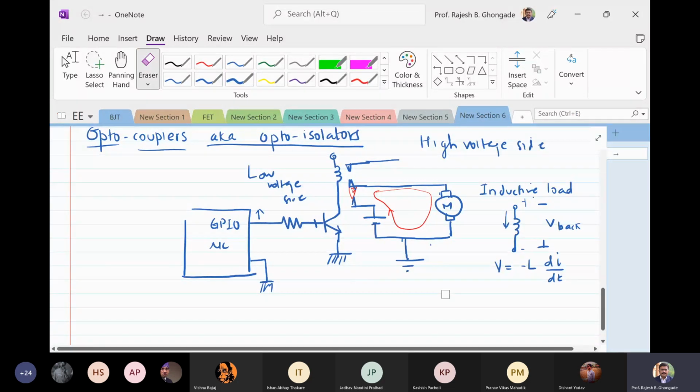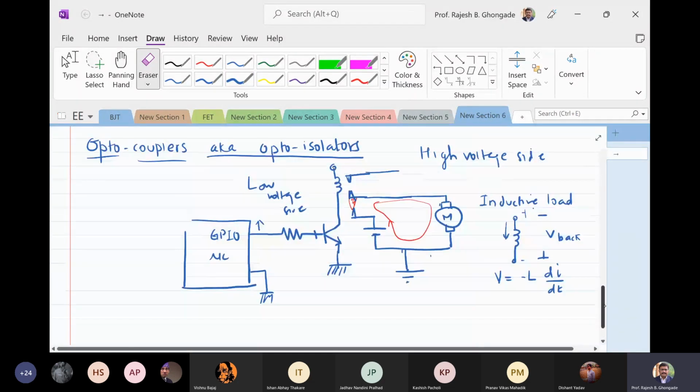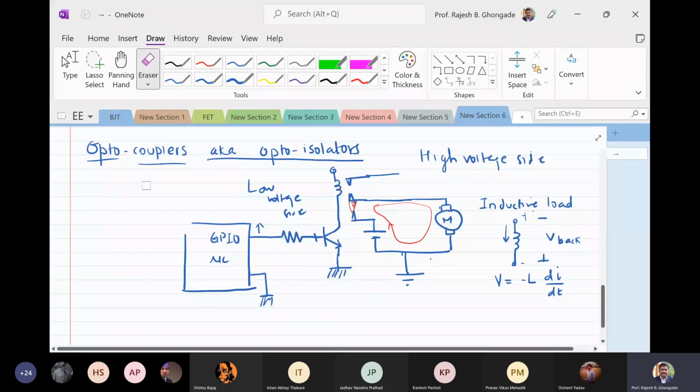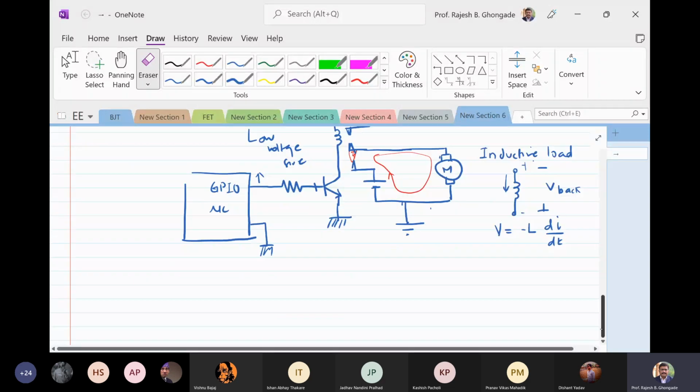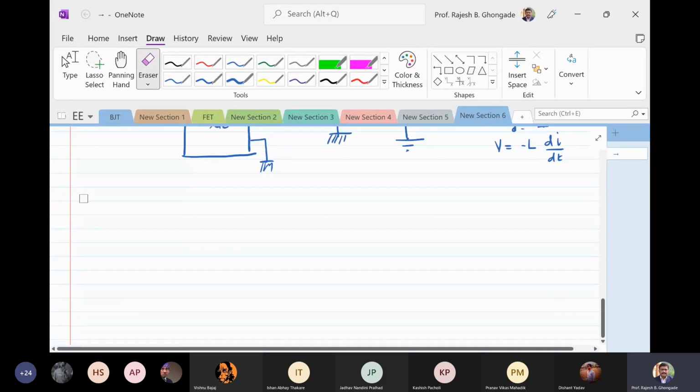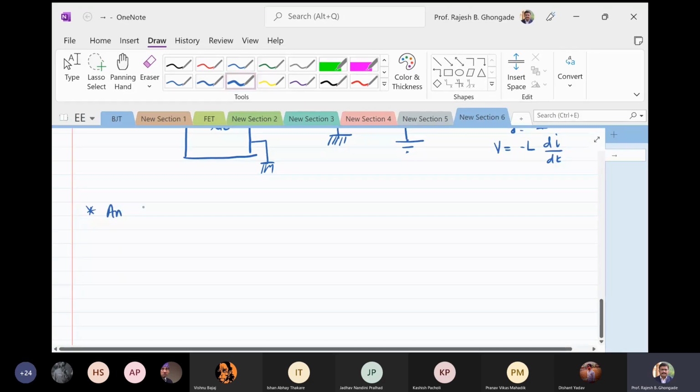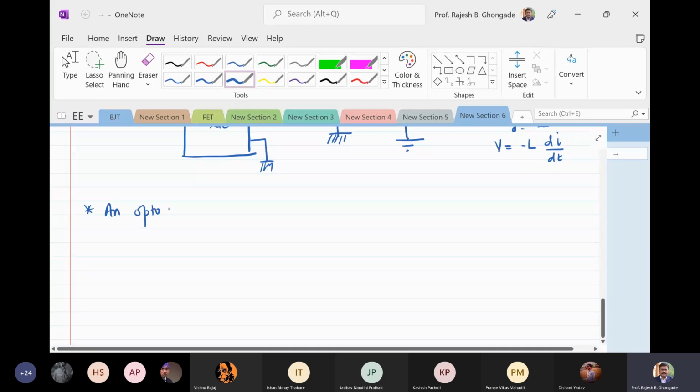And the best way of doing that is using a device called an optocoupler. Okay. So what does this optocoupler do? We'll see that, but before that, let us see what is an optocoupler. An optocoupler, also known as opto isolator, plays a very important part in such a scenario.